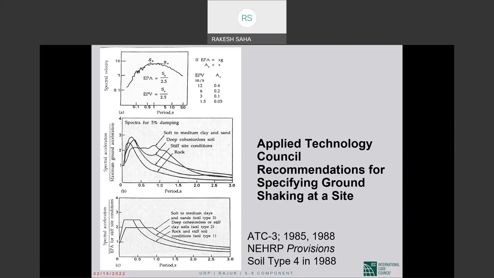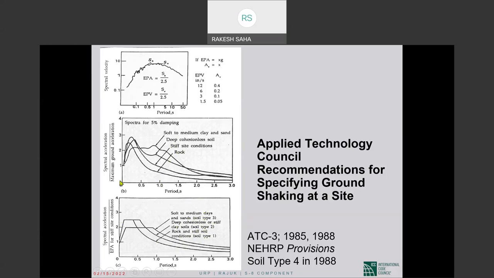Now in ATC 3, they decided to use Professor Seed's spectra as the basis of design, but they did a few things. The rock and stiff site conditions were combined into one, what they call soil type 1, rock and stiff soil. The deep cohesionless soil remained soil type 2, and the soft is soil type 3.